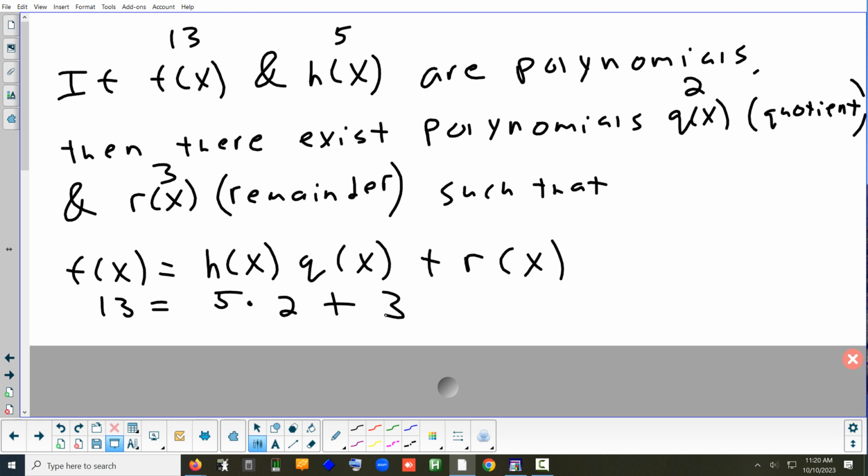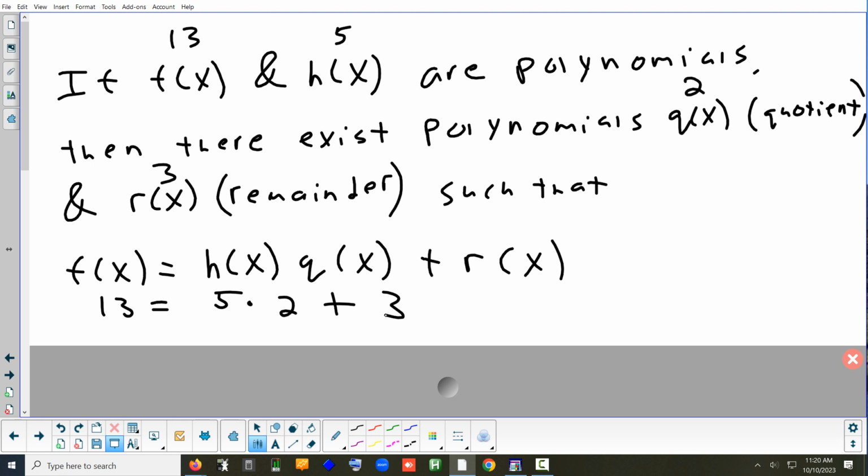If you take what you divided by and you multiply by the quotient and you add your remainder, that should give you the numerator. If it doesn't, then something's wrong. I won't actually do it out with a polynomial to check it because that would take a lot longer. But with numbers, it's really quick to check.